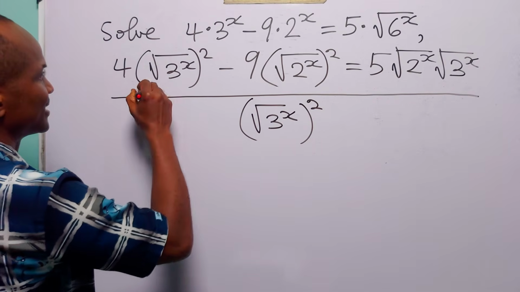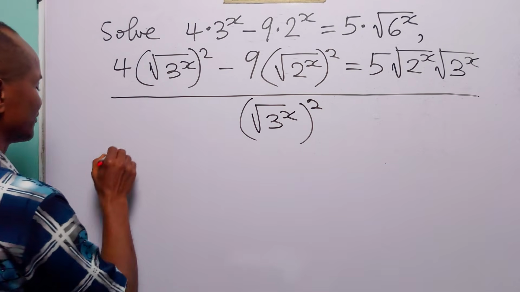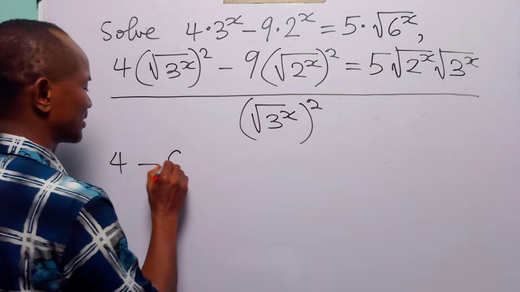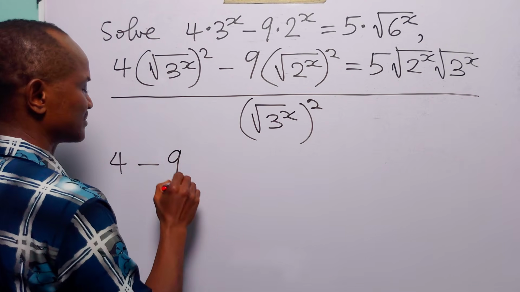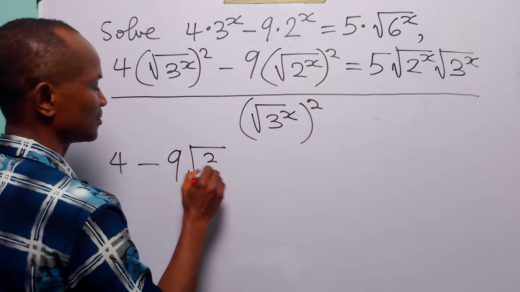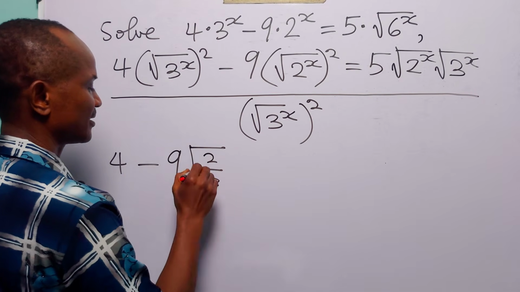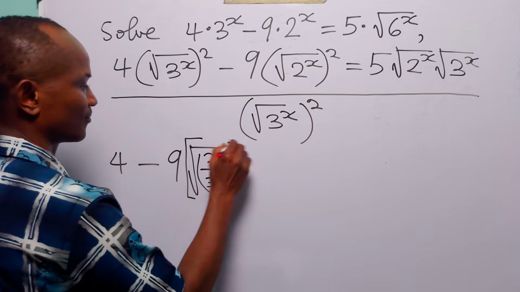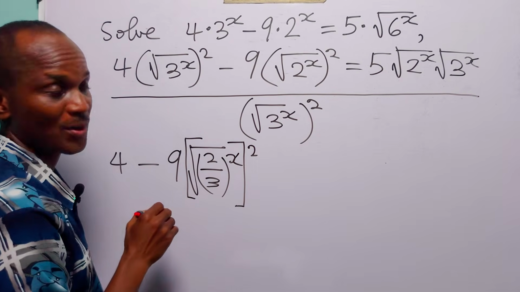Now, of course, here, this is going to cancel that to give us 4 minus, here we have 9 times root 2 over 3 to the power x squared.